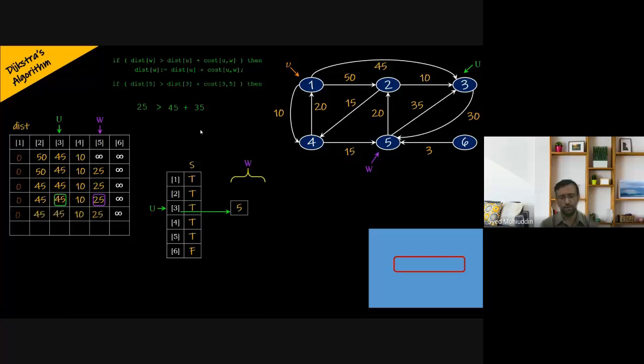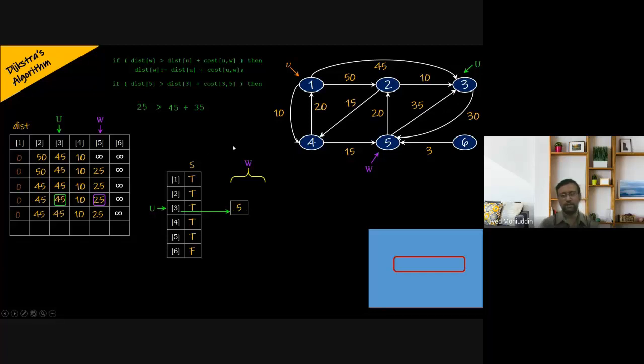Now remember, last time when we considered vertex U as 2, we had 2 to 3. There was an edge, and we computed that. Then we also had 2 to 4, but we did not compute 2 to 4. I said that it's already done, so there is no need to update that. Even in the case of 5, it is actually done already because 5 is true here, so we don't need to update anything.